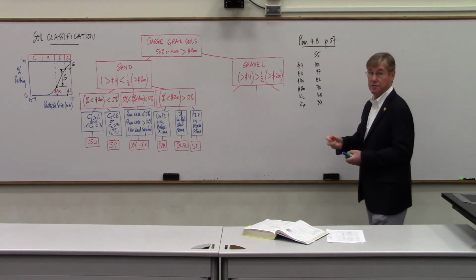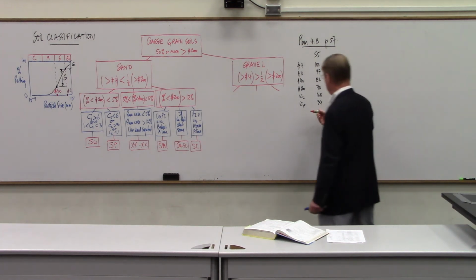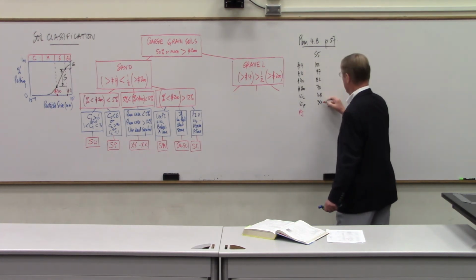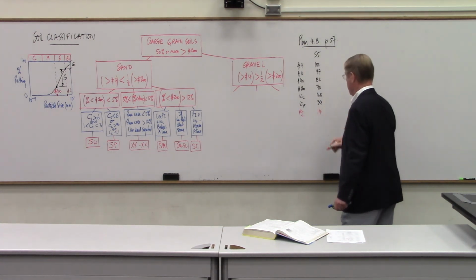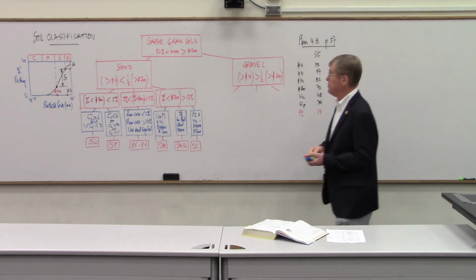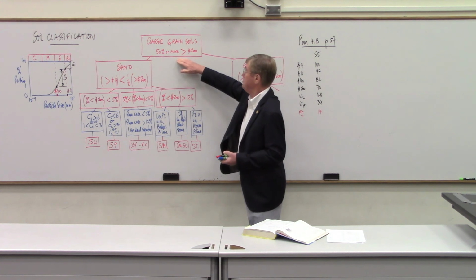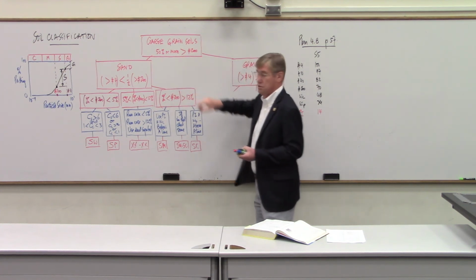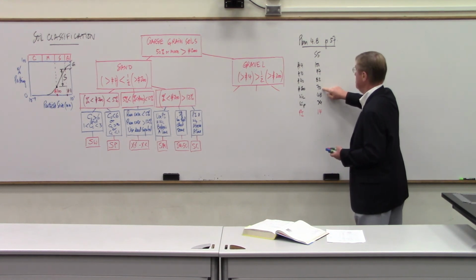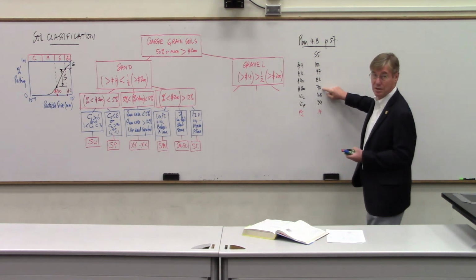I would say very first thing you do, calculate the plasticity index. So PI, liquid limit minus plastic limit, so PI is 14. The first check is whether you have 50% or more larger than number 200. So you look at 200 and you see 70% passing.